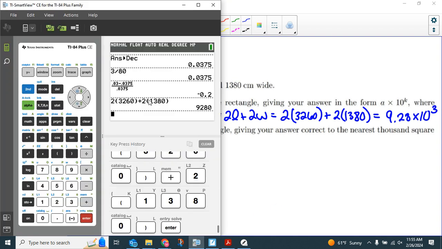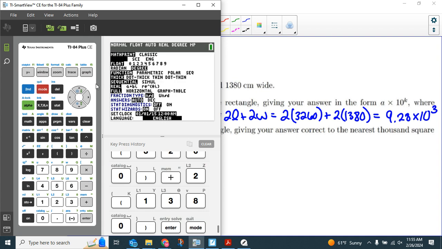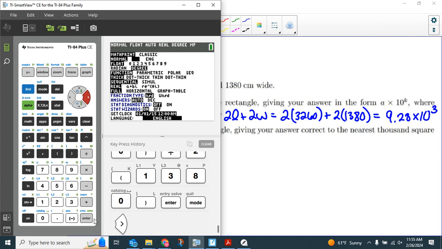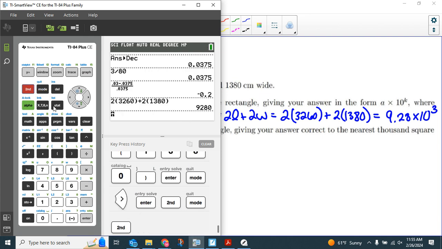All right, you could also go to your mode in your calculator, go over to SCI. That'll put all of your answers in scientific notation. So when you do this again, 9.28 E3. You are not allowed to answer E3, right? If you write this exactly down, you will not get credit for it. They don't take calculator notation.